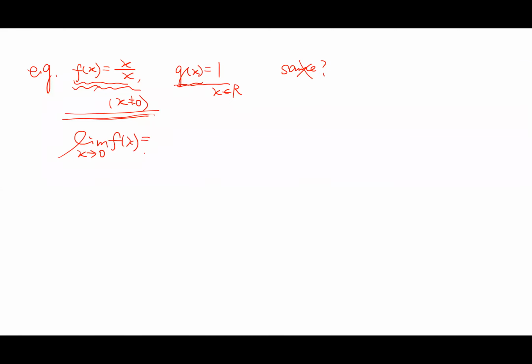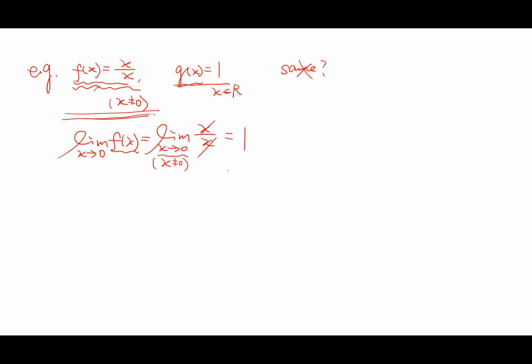So here, as x approaches 0, the function is x by x, right? Remember that I told you x approaches 0 means x cannot be 0, right? So the x on top and bottom can be cancelled, equals 1.